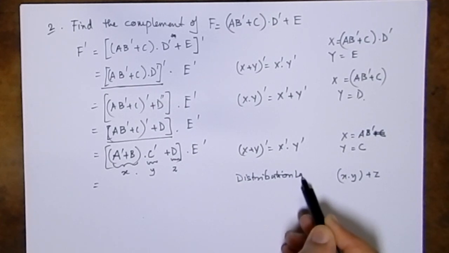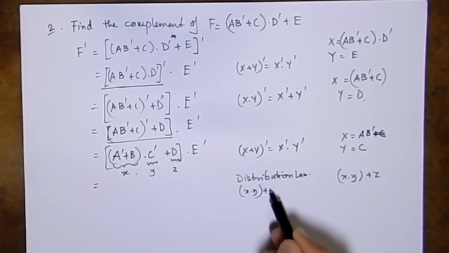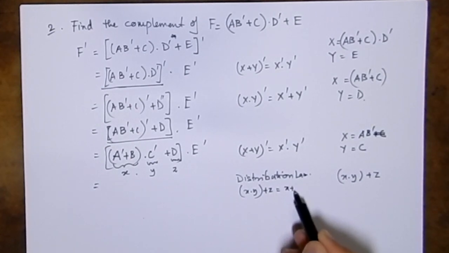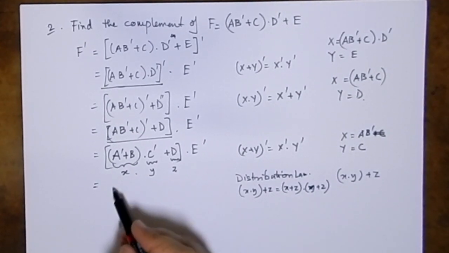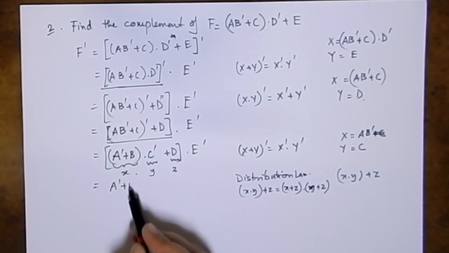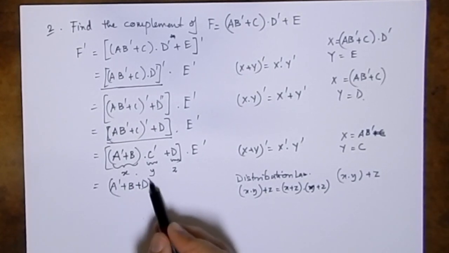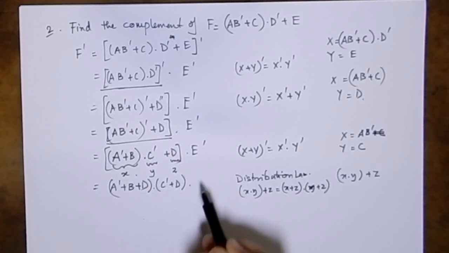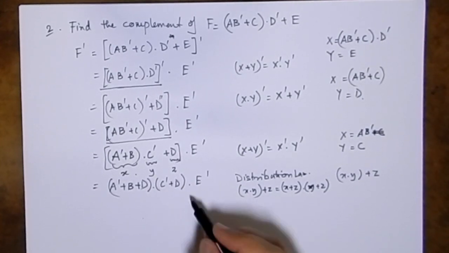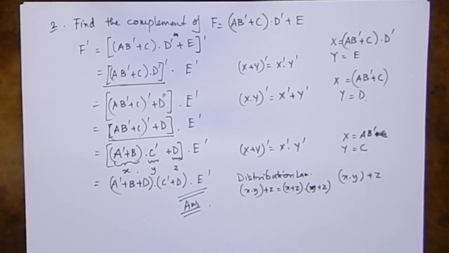The second one, that is x dot y plus z is equal to (x plus z) dot (y plus z). So that is (A dashed plus B plus D) dot (C dashed plus D dot E dashed). So this is the final answer. You cannot simplify it anymore.